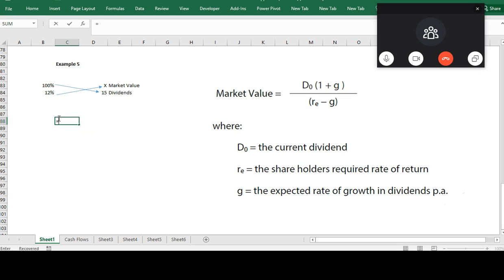So now, we want to find x, so it will be 100 times 15, divided by, we used to call it inverse proportion, divided by the 12. This is what we are getting as 125. Meaning that we know that this 125 market value has given birth to 12% of the return, which in this case is dividends. Right?